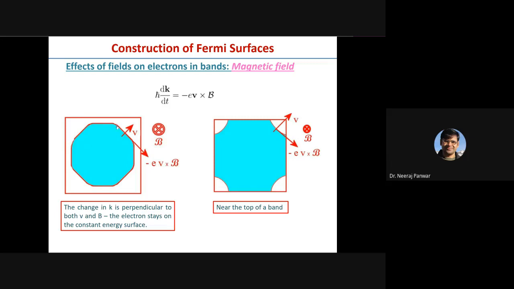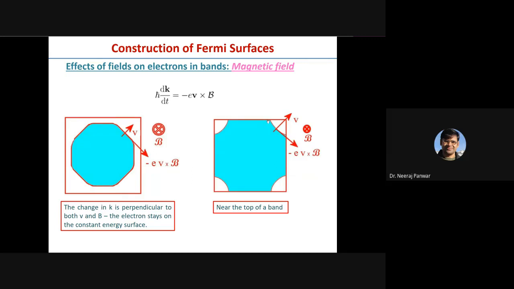This means that the electron would move on a surface of constant energy. The change in k is perpendicular to the direction of v and B, so the electron stays on the constant energy surface.